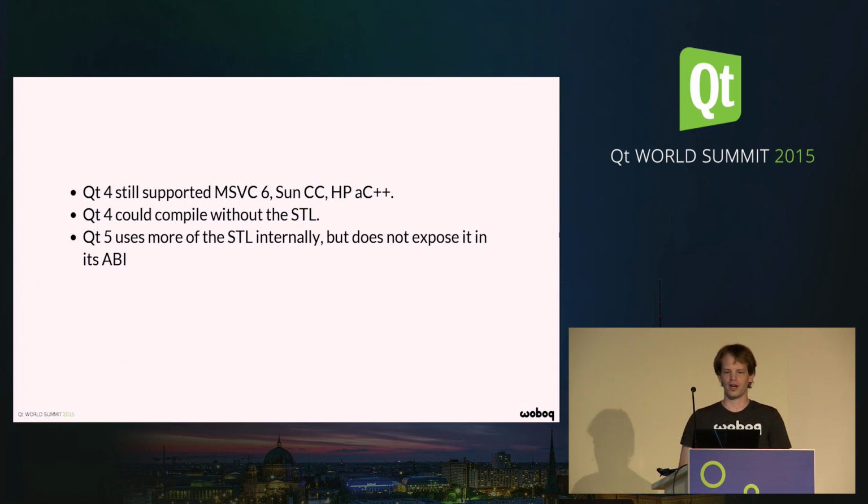Qt4, released in 2005, still supported Microsoft Visual Studio 6, and some other compilers which had very bad support of the STL. So Qt4 could still compile fully without the STL, and Qt5 keeps source compatibility with Qt4, so we couldn't, of course, get rid of our Qt classes.